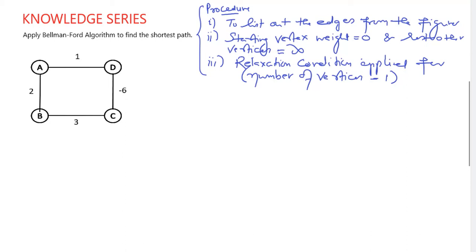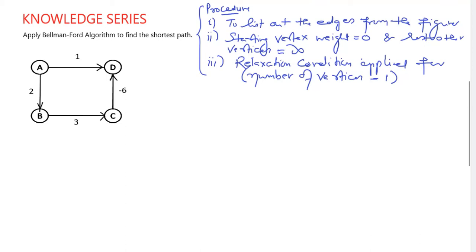Before that we have to see the direction of the flow and how many vertices there are. So let us assign these directions. Now we will find the vertices.